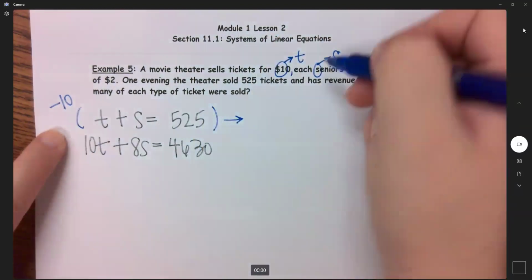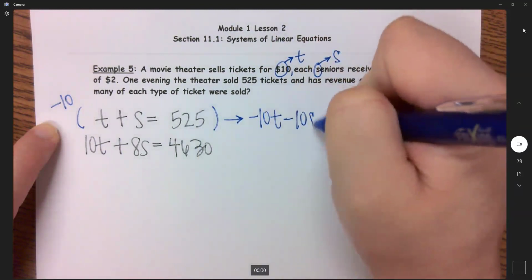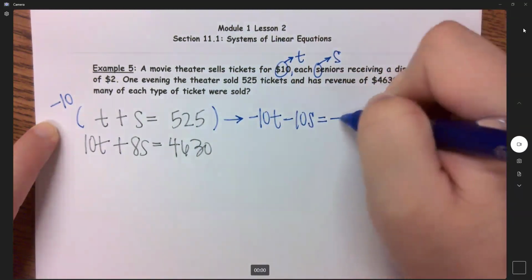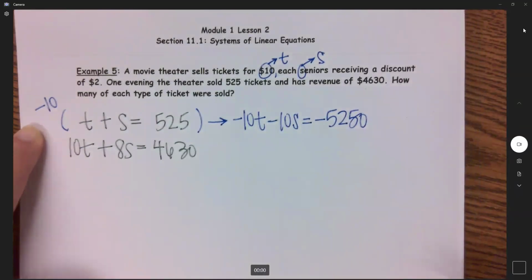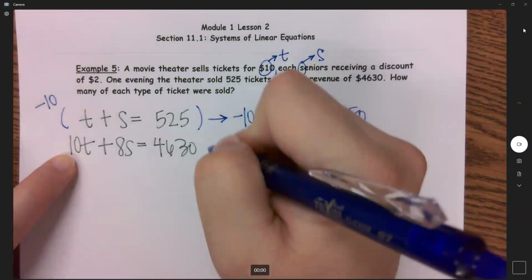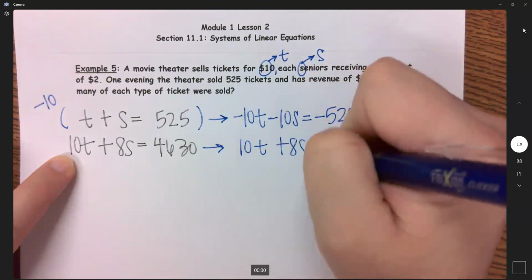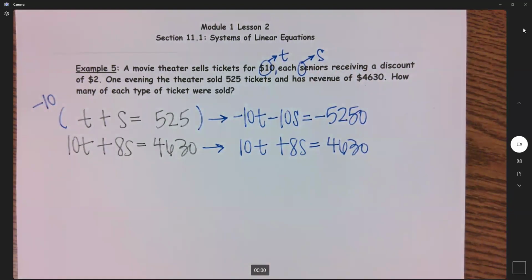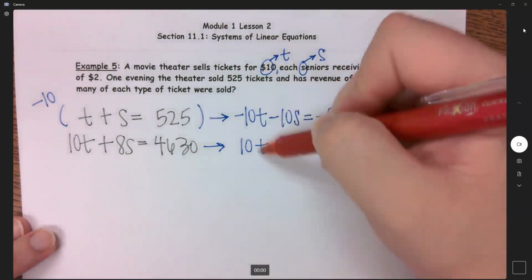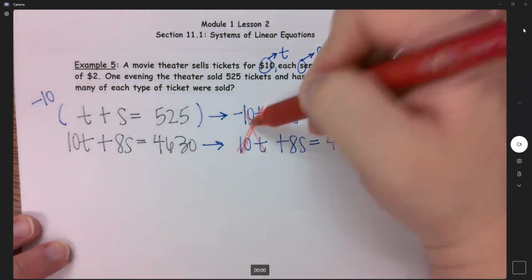So when I multiply the top one by -10, we get -10T minus 10S equals -5,250. I'm not going to do anything to the bottom one, so I'm just going to bring it over so that it stacks. Now we have positive and negative 10T, so those eliminate.